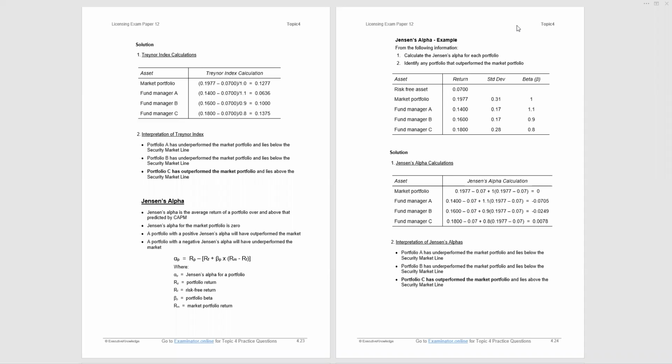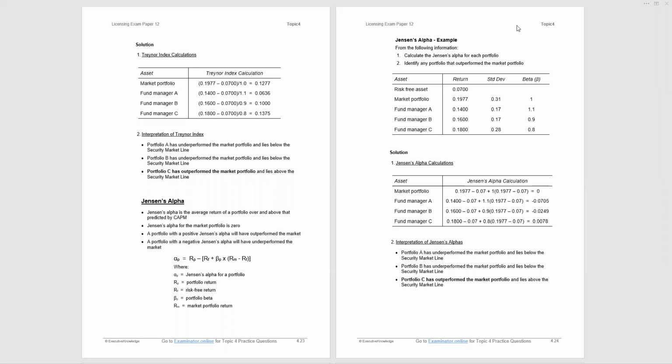Continuing with topic 4, paper 12, we're now going to continue looking at risk-adjusted performance measures, and it's the turn of Jensen's alpha, middle of page 4.23. Now, the Jensen's alpha is the average return of a portfolio over and above that predicted by the capital asset pricing model.